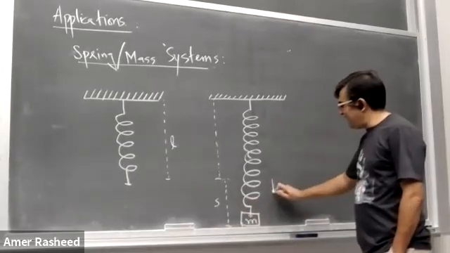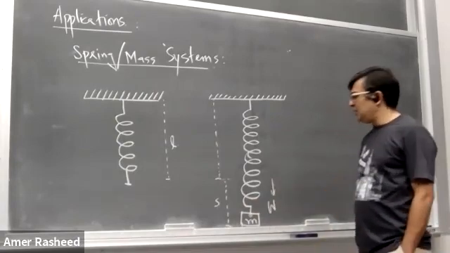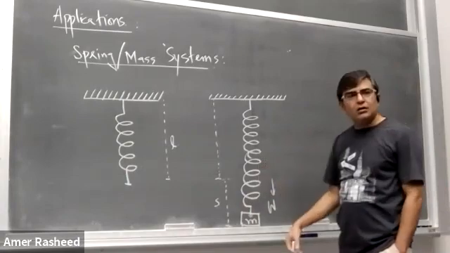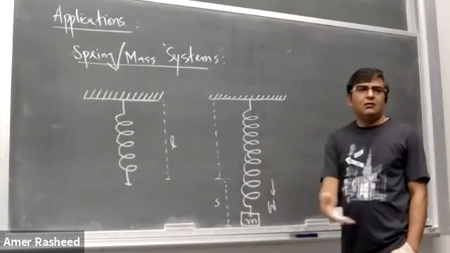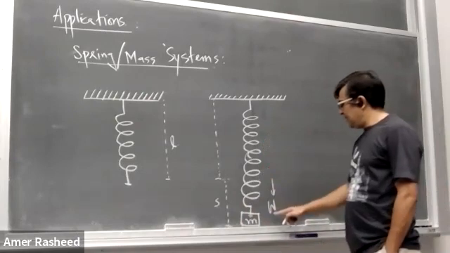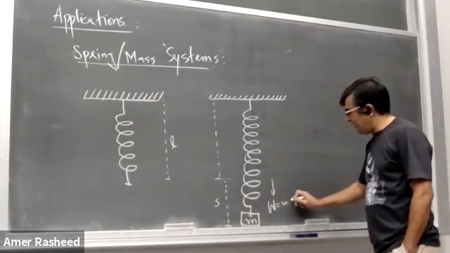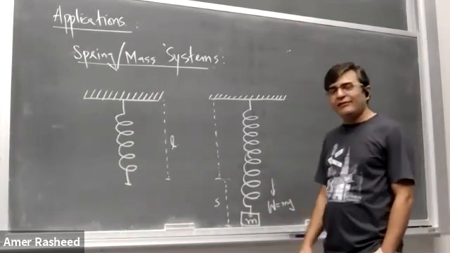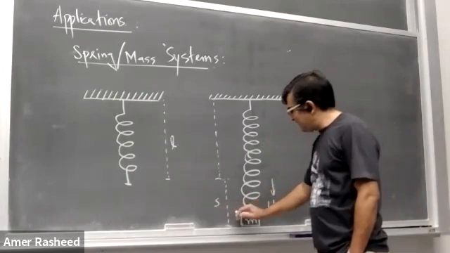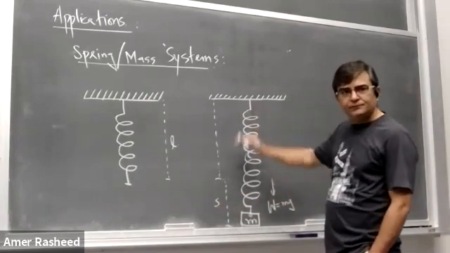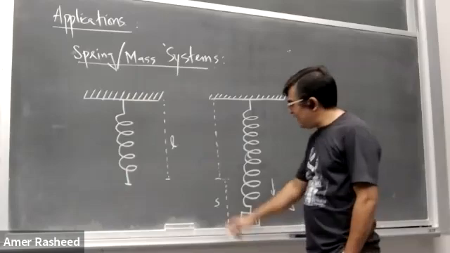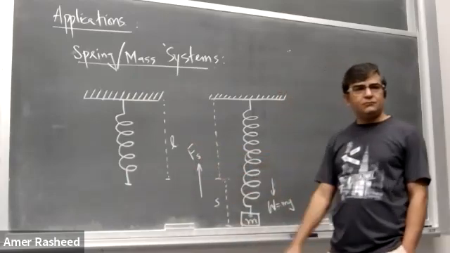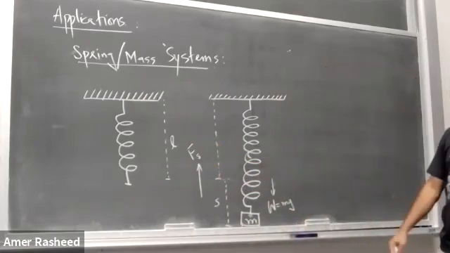The weight is basically a force applying on this object in the direction towards the earth, and this force, weight, is mg. There is another force which is pulling this mass back upward, and that force is the restoring force, which we denote by Fs.